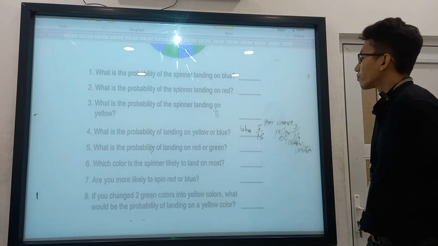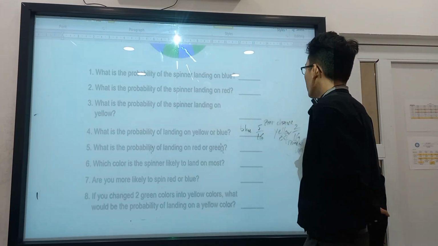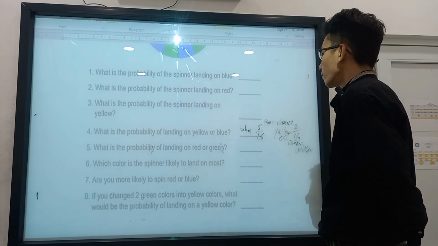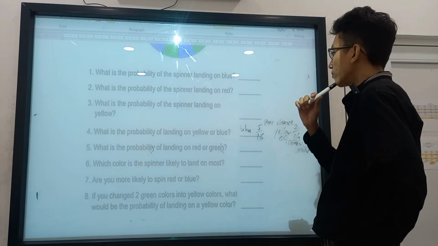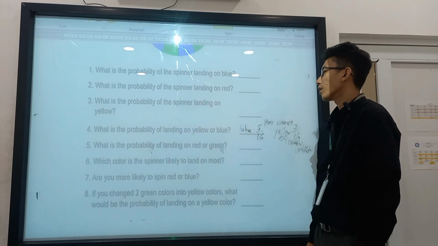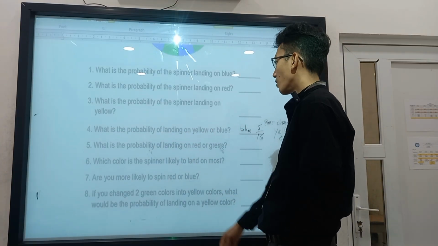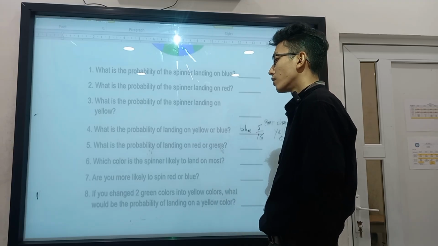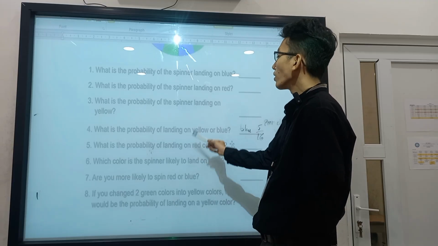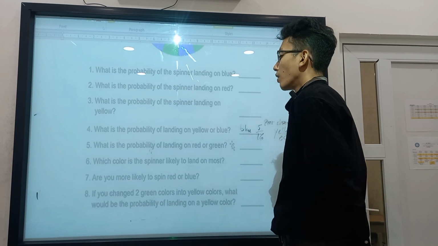So this is the answer of question number 4. Actually, it should be better to ask which is the bigger chance, landing on yellow or blue. Let me think first, because this one I take directly from the Cambridge.